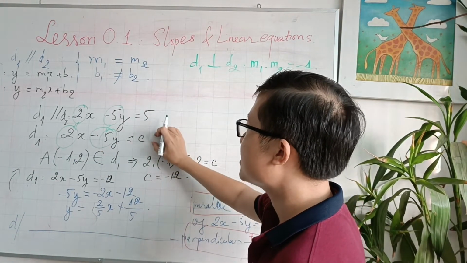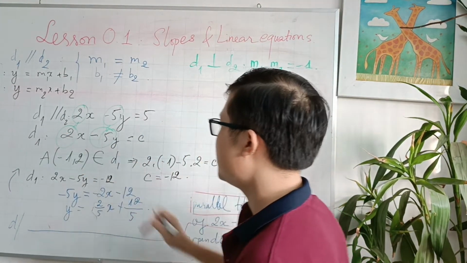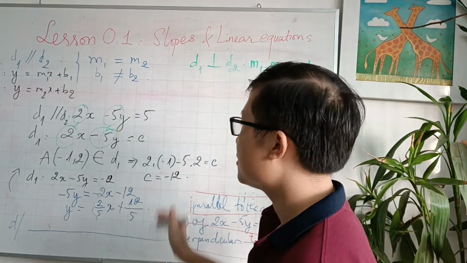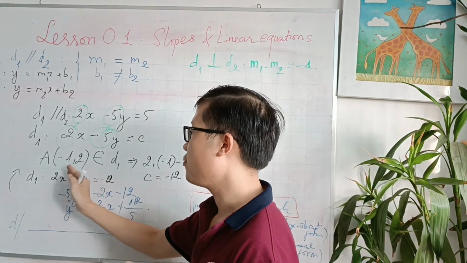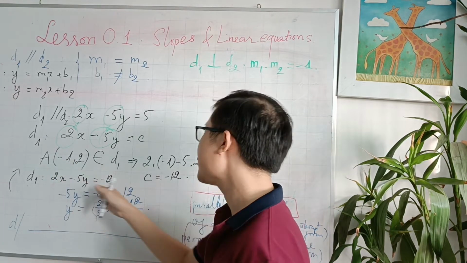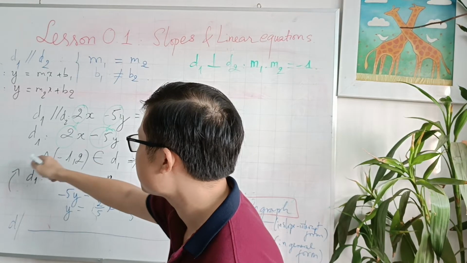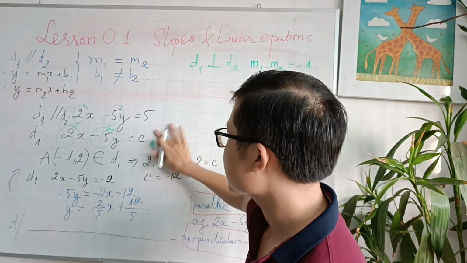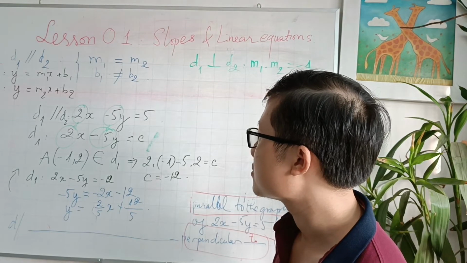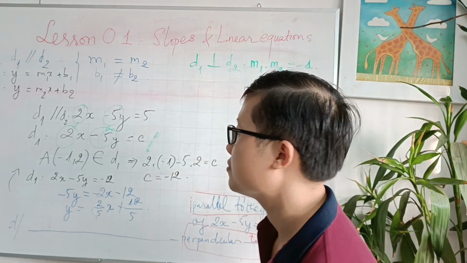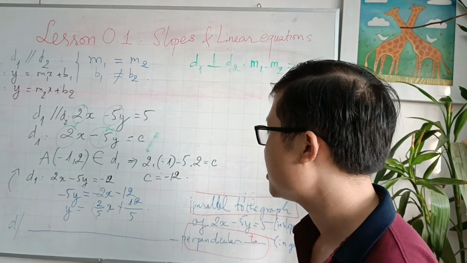And we let c equal these expressions, and we solve for c when we substitute the coordinates of this point on D into the D1 formula. These are two parallel lines. And we go to question D.